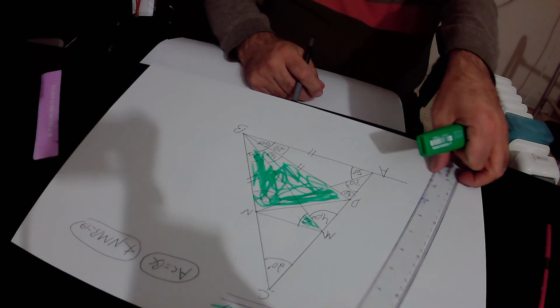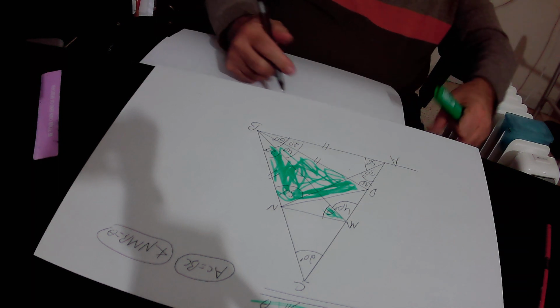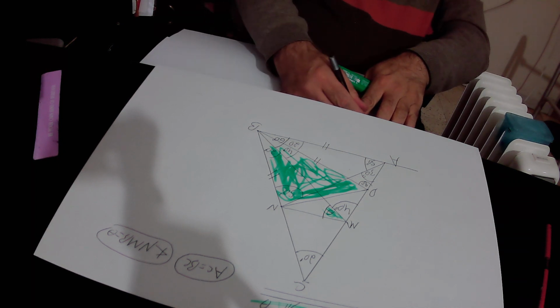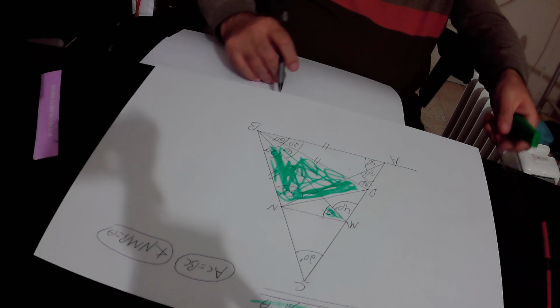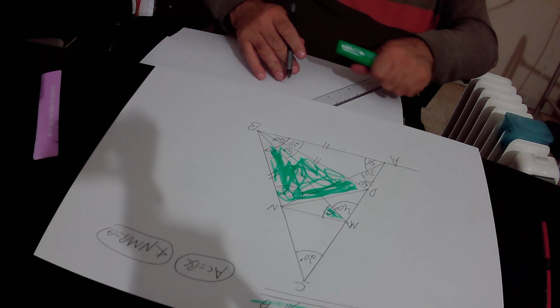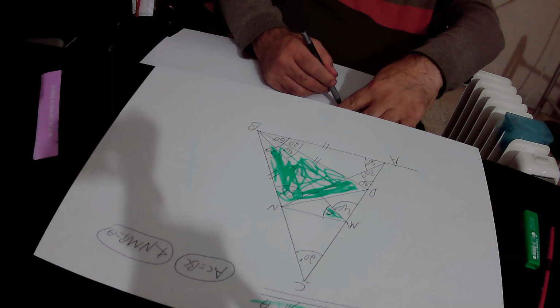Okay. Again, we have the rule that in front of equal sides in the triangle there are equal angles, so I'll copy triangle DNB again in a new page.